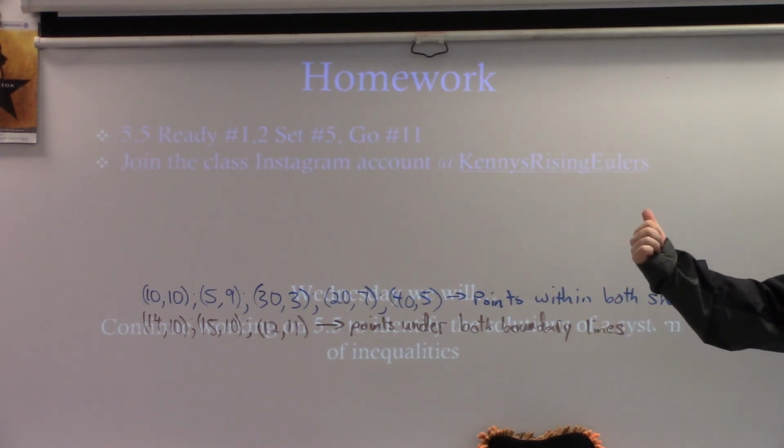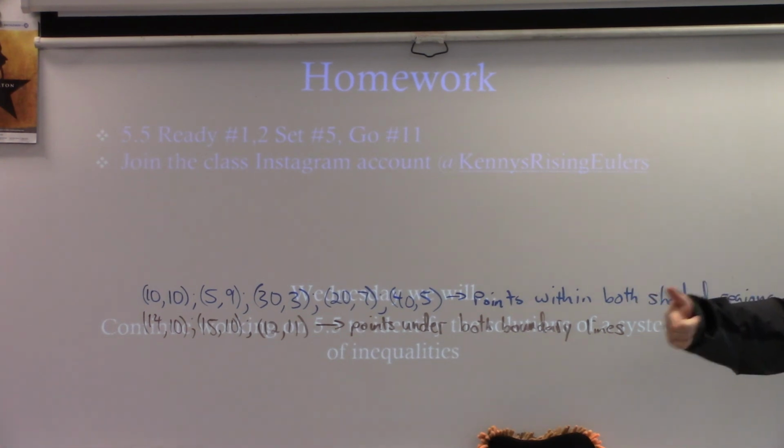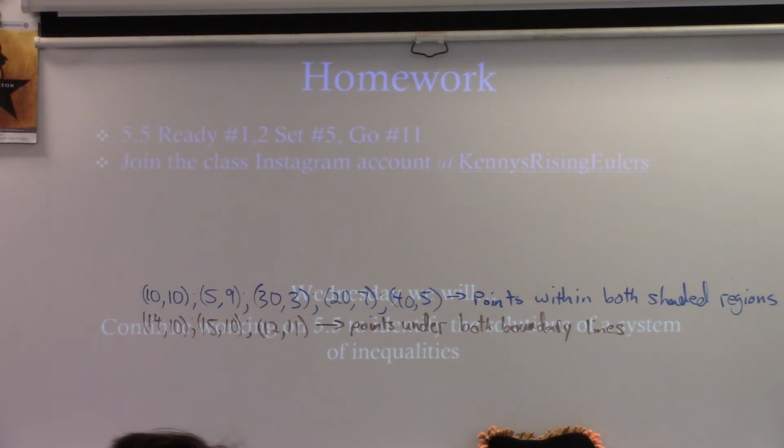Desmos and Simbo Lab and Khan Academy if you need it. And what's going to be your job with this homework? To do it and justify. To justify it, right? Justify your boundary line, justify your slope, justify your y-intercept. So keep those things in mind. All right, so 5.5, ready, numbers 1 and 2, set number 5, go number 11.